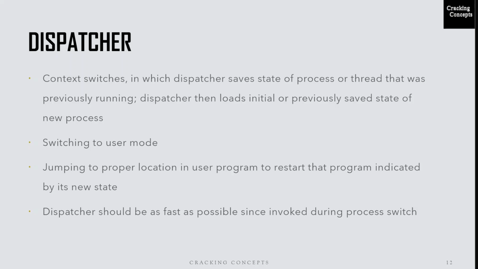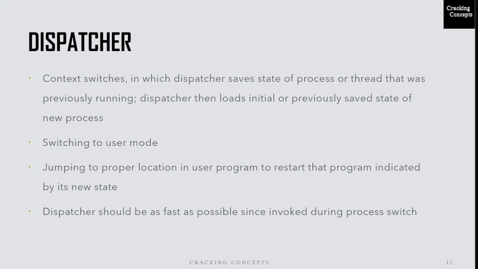The functions of a dispatcher are context switches, in which the dispatcher saves the state, also known as the context, of the process or thread that was previously running. It then loads the initial or previously saved state of the new process. Next function is switching to user mode. Another function is jumping to the proper location in the user program to restart that program indicated by its new state.